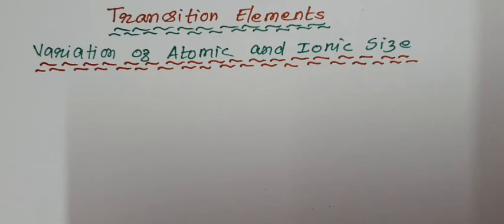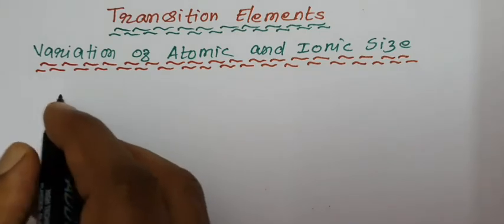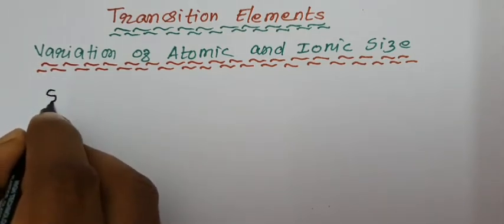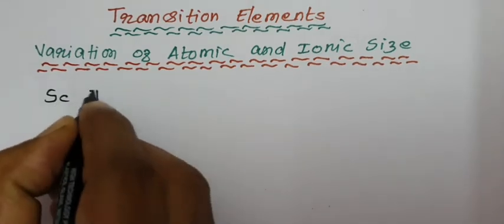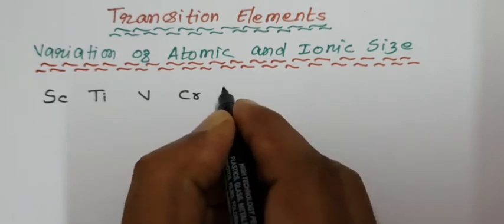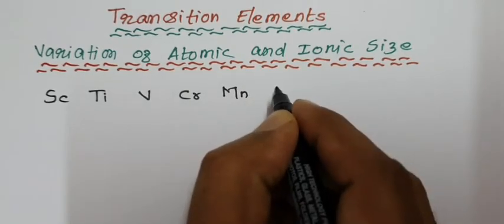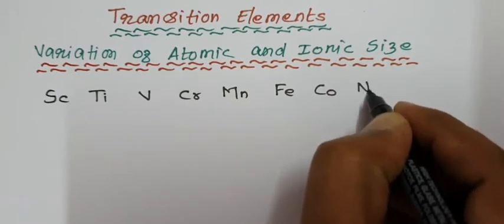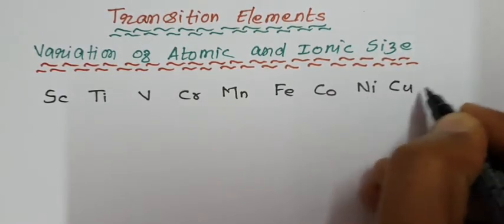Transition elements, variation of atomic and ionic size. We are going to discuss first the 3d series elements, the first transition series. We know scandium is the first element, then titanium, vanadium, chromium, manganese, iron, cobalt, nickel, copper and zinc.